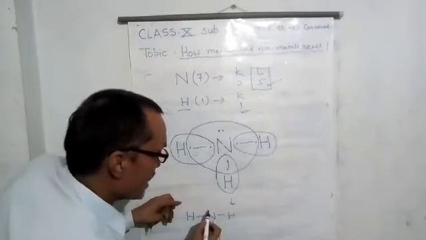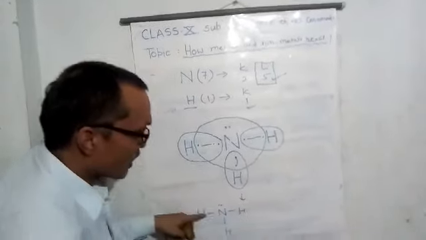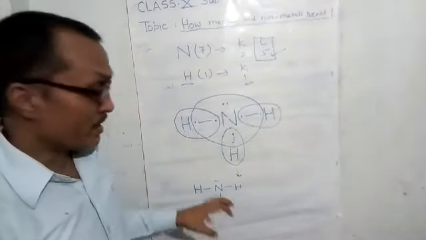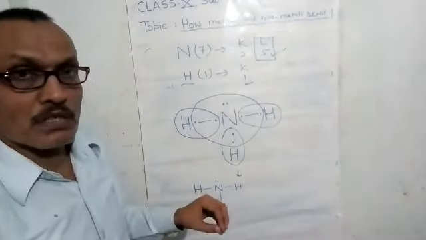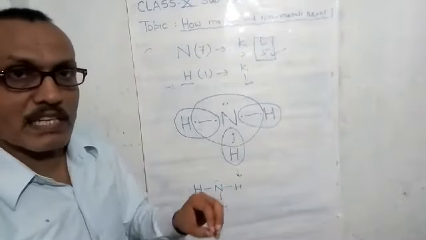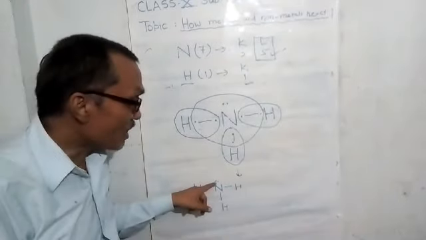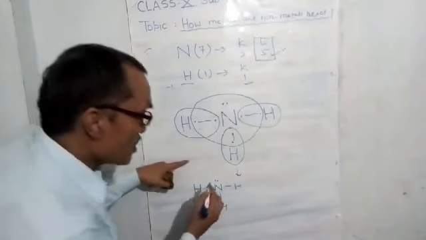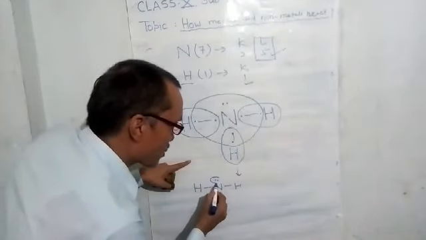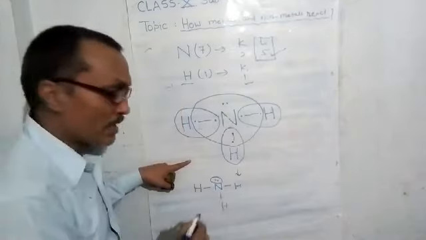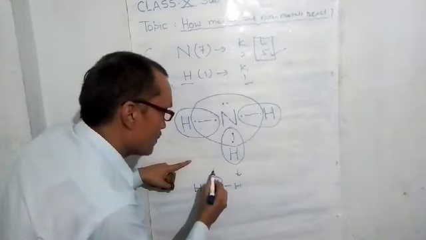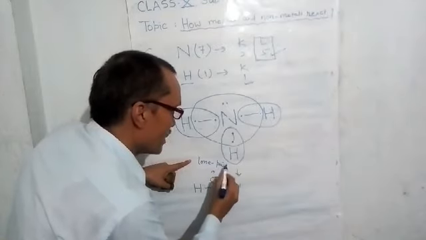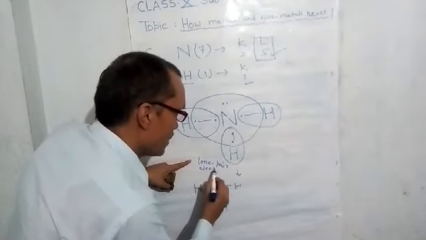And students, these 2 electrons on nitrogen do not directly get involved in sharing of electrons. So this is the unshared electron pair on nitrogen, and it is known as lone pair electron. Right?